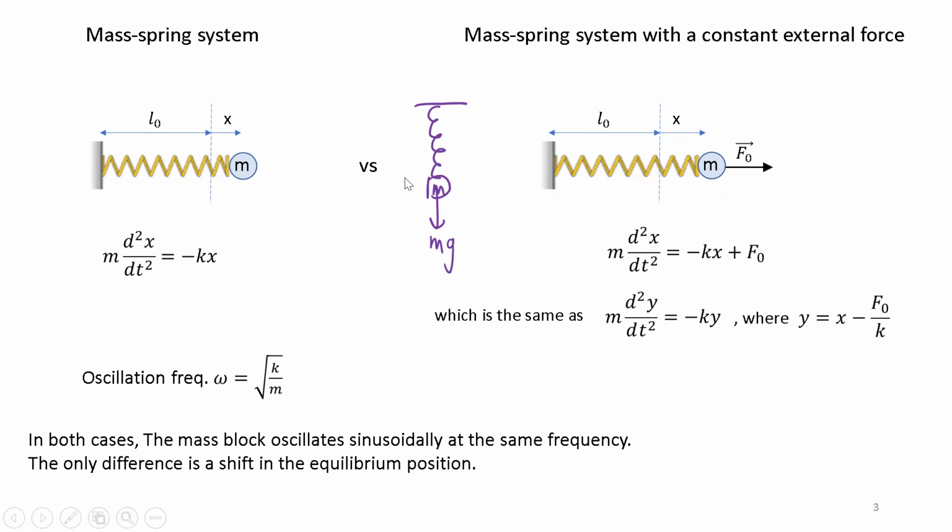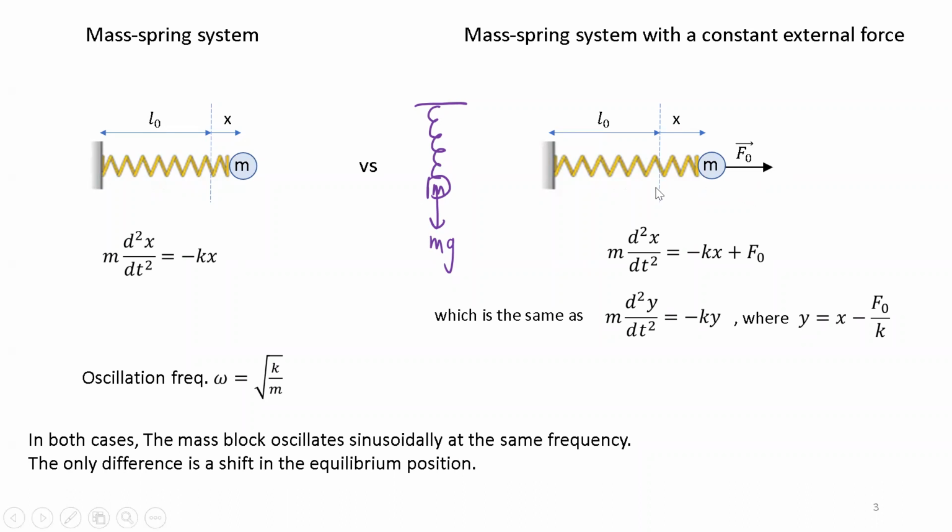This is equivalent to having this mass spring system in the horizontal direction, but applying a constant external force F0 in one direction. Even so, the oscillation frequency of the system won't be changed by applying this external force. Why is that?